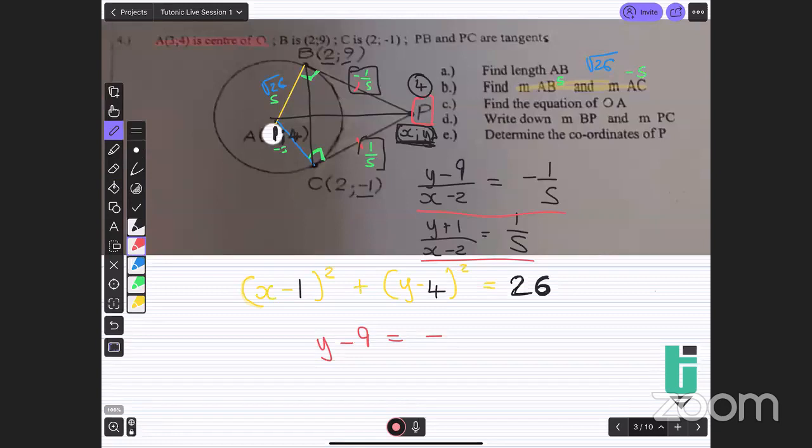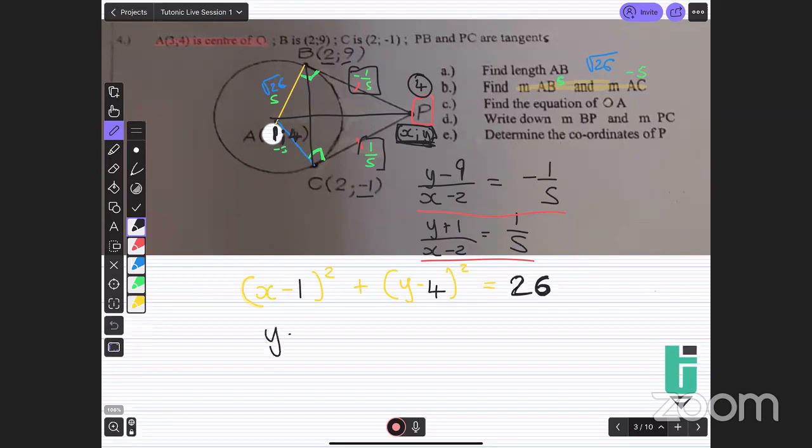No, we can't do that actually, because x could be anything. Let's just do it properly. We multiply by x minus 2, and then we get rid of the denominator.